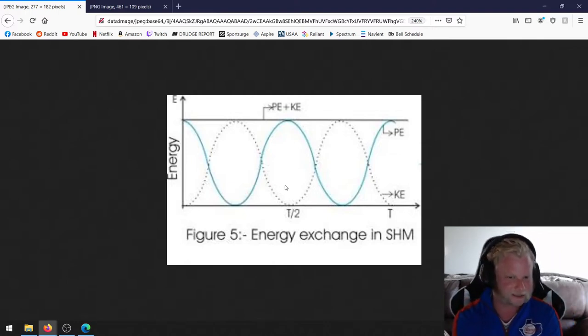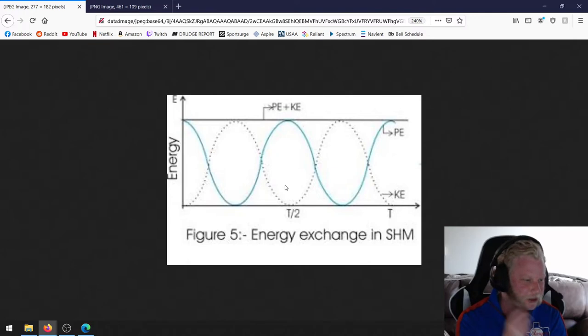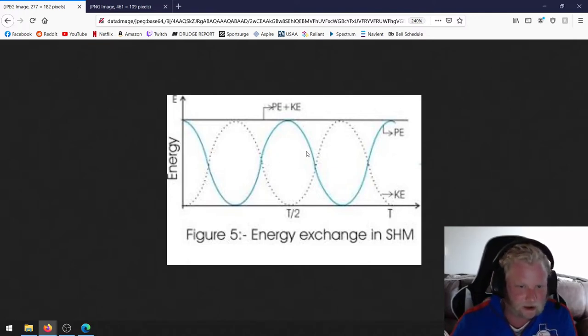So just looking at this with no perspective as to what the object is doing, you can tell, well, when potential energy is maximum, we know that it's at its amplitudes, right? It's either at positive A or negative A. Let's start again on this graph.